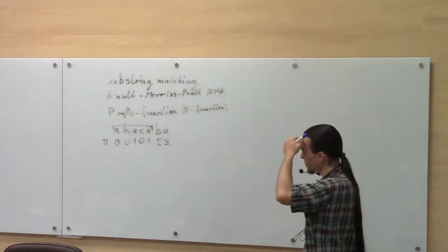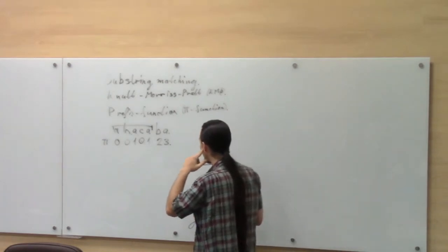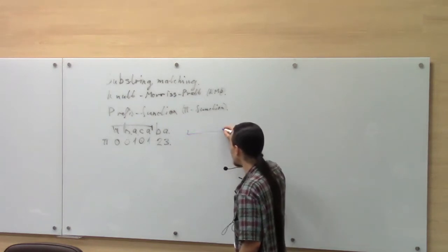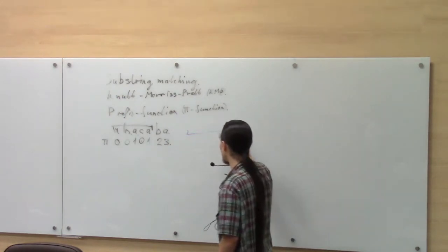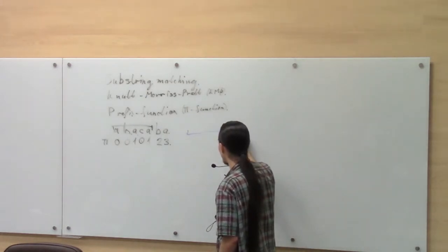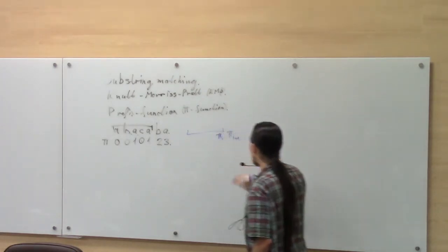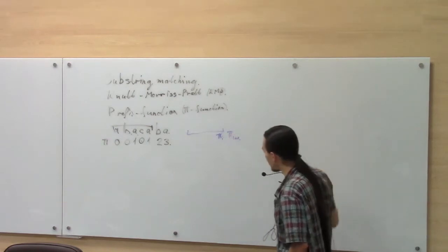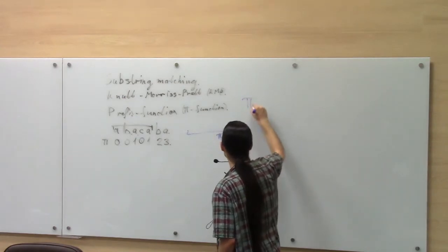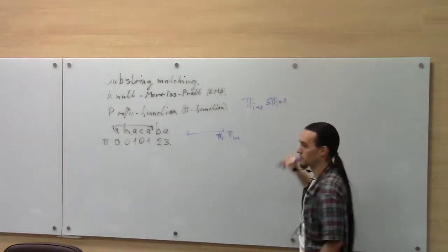Let's make a few observations. The first observation is that if we have two consecutive values of the prefix function, pi and pi plus 1, then pi plus 1 does not exceed pi plus 1.